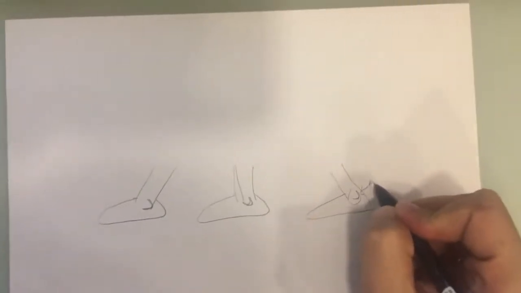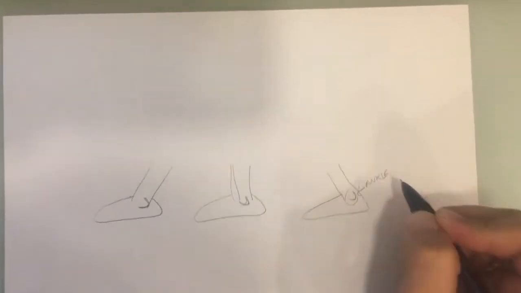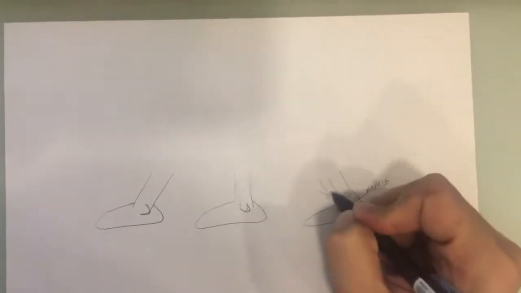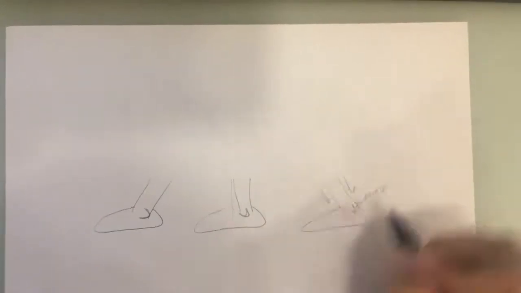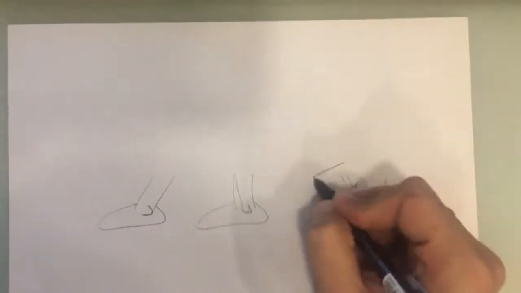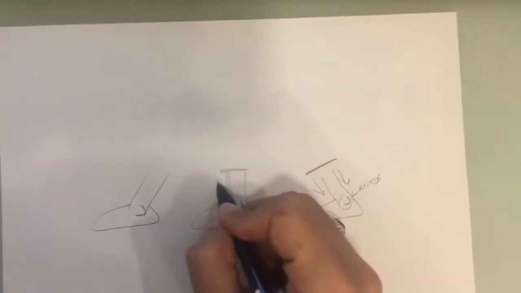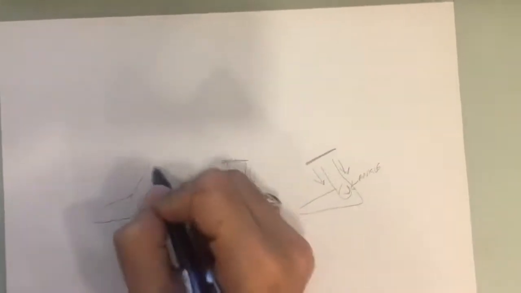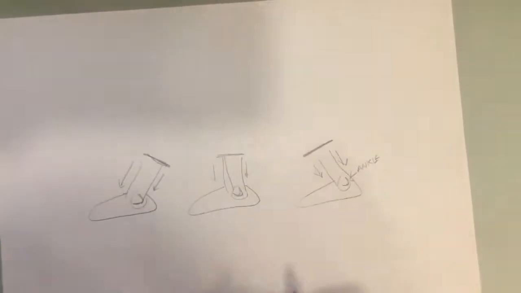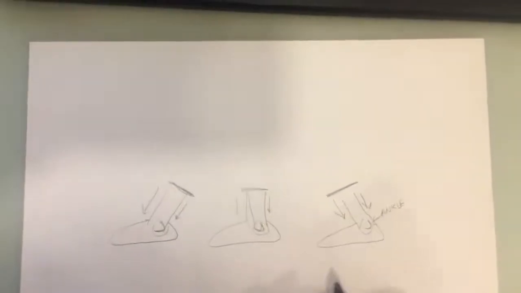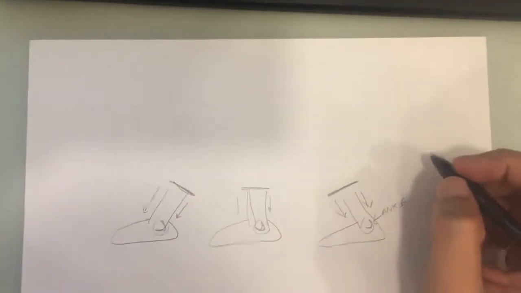So notice the ankle here, and notice the leg moving. It is diagonal here and pointing this way, to the right side. Now here it is straight, pointing downwards. Here it is pointing to the left side. So just notice how it is made.